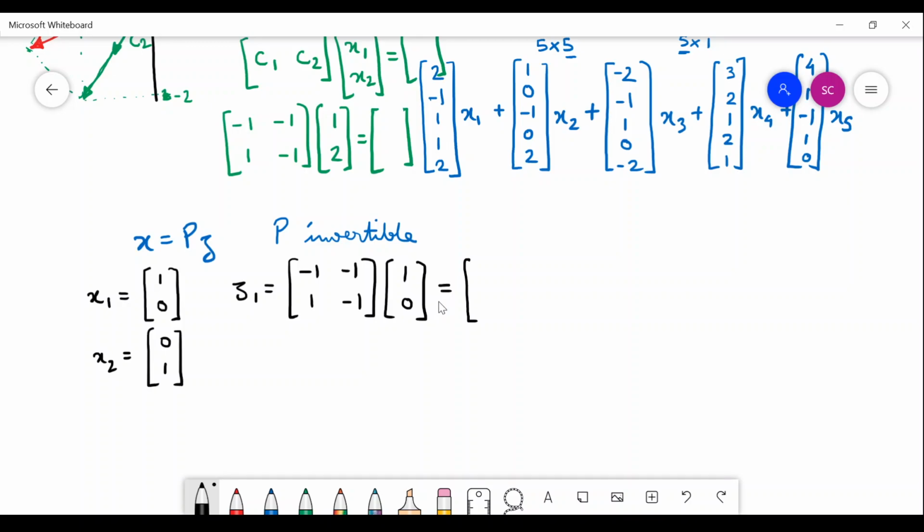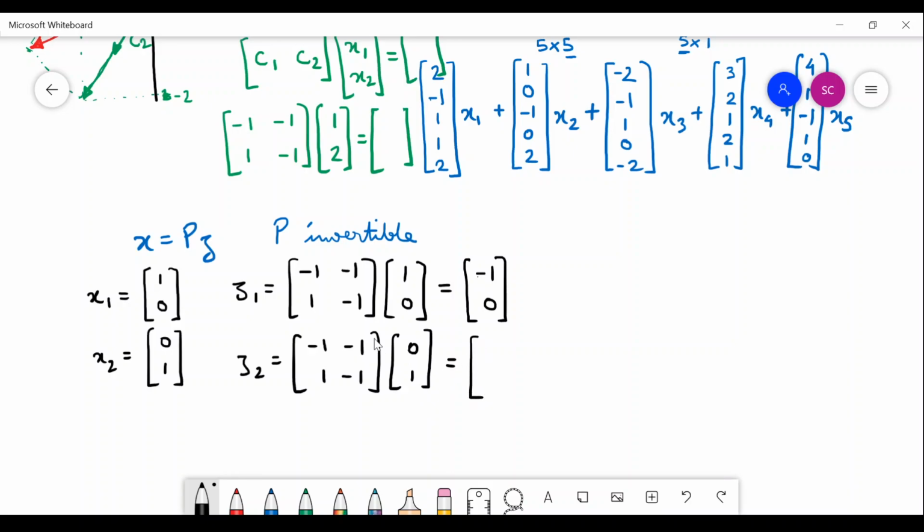Where is it actually going? It is going to [-1, 1]. Now z2: [[-1, -1], [1, -1]] applied to [0, 1]. This is going to be minus, did we do it correctly?